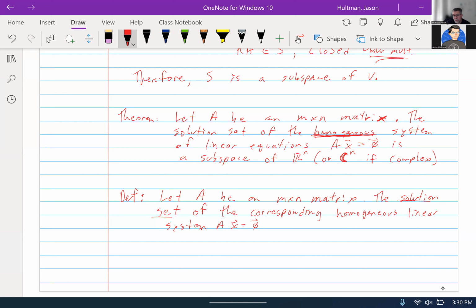If I get a solution set for this homogeneous system, then this solution set is called the null space. It's a subspace of Rn, and that special solution set that creates that subspace is called a null space. Not only is it a subspace, it's a special subspace called a null space.